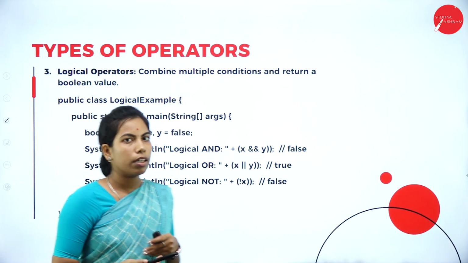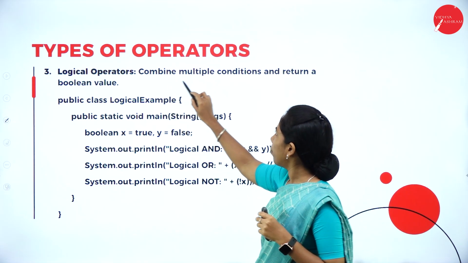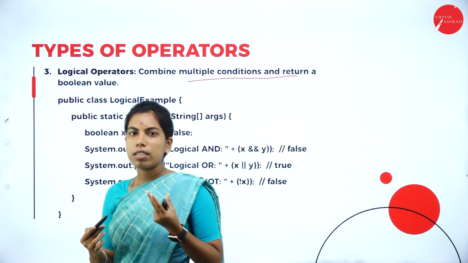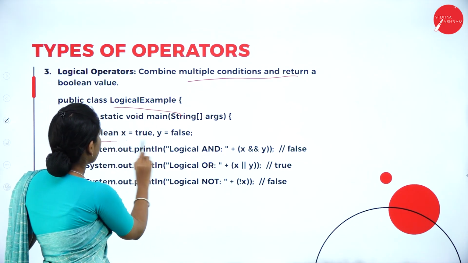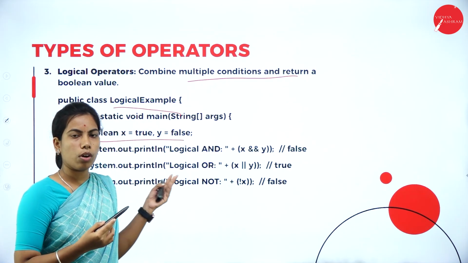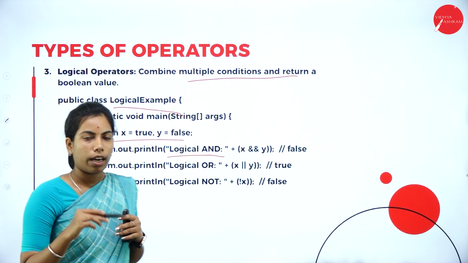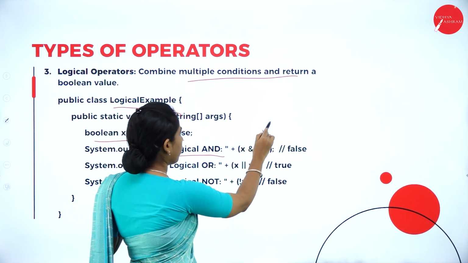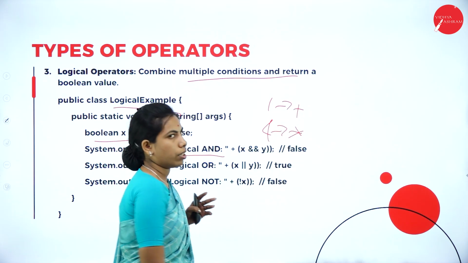And coming to the next one, that is what? A logical operator. Logical means combining multiple conditions and returning a Boolean value. Mainly logical means true or false, right? So declare one example with Boolean values, true or false. And compare logical and, x and y, means true and false. Especially, AND behaves like multiplication and OR behaves like addition, right?